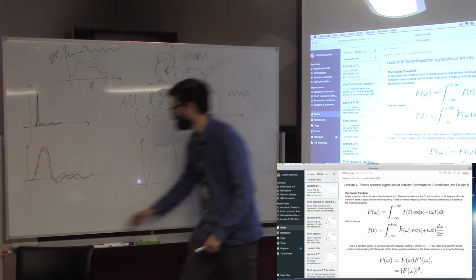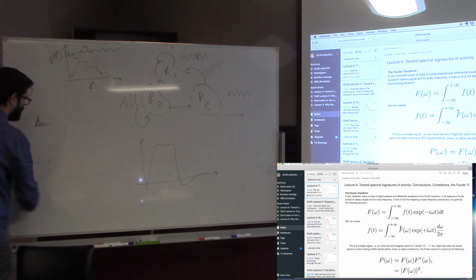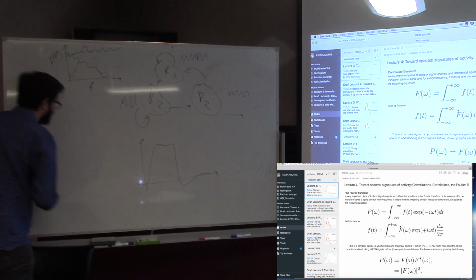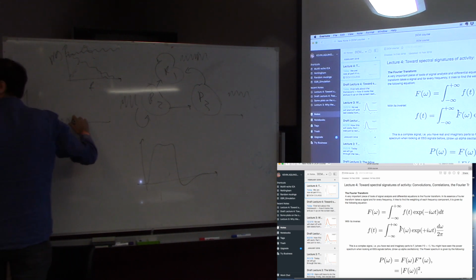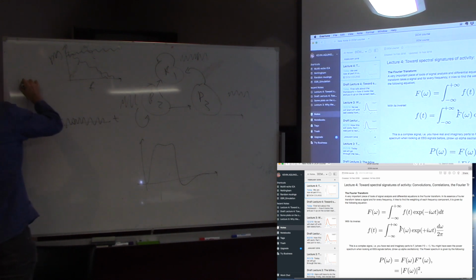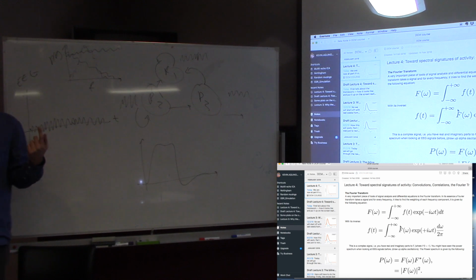Power spectra are more used in EEG than in fMRI because of the time resolution. One typical thing is, say, in resting EEG, you have alpha oscillations, right?